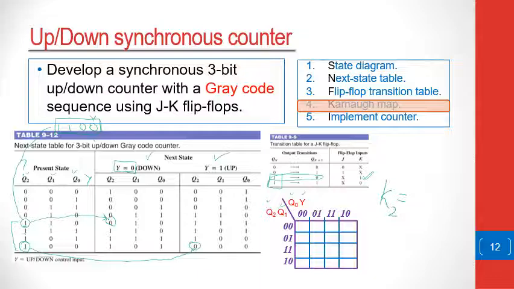So this corresponds to that. So on the K map, we can plot this 1 1 0 0 here, which means there's a 1 here.